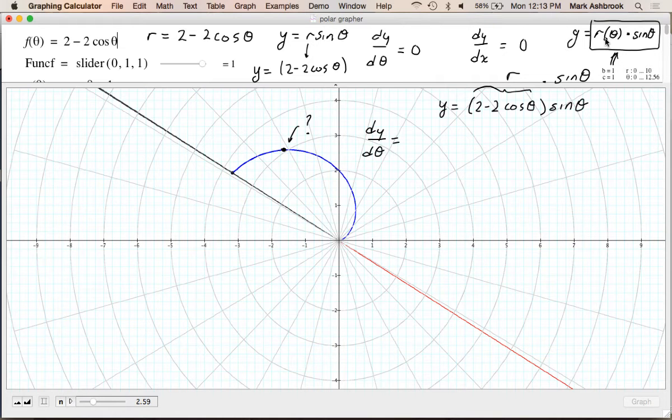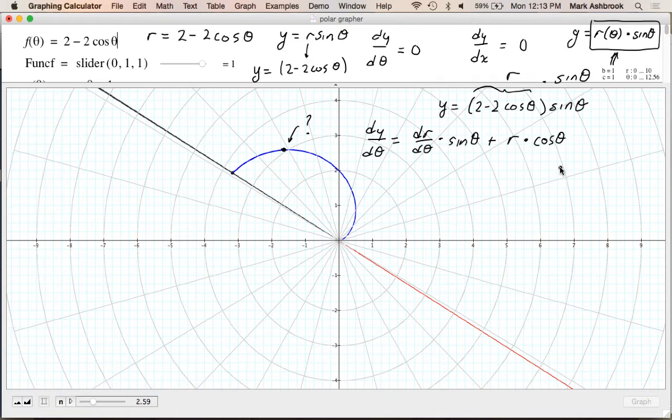We've got one function of theta times another. So what is dy d theta? It's going to be dr d theta times sine theta, the derivative of the first times the second, plus r times cosine theta, the first times the derivative of the second.